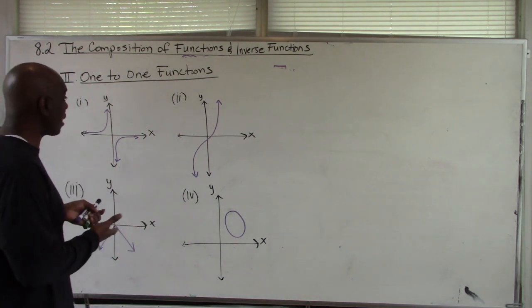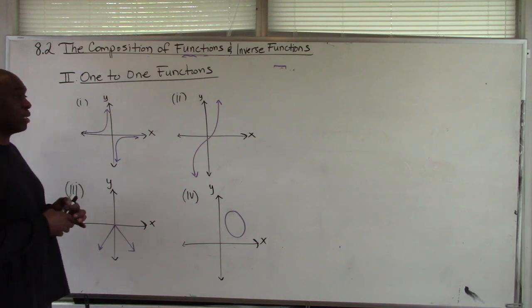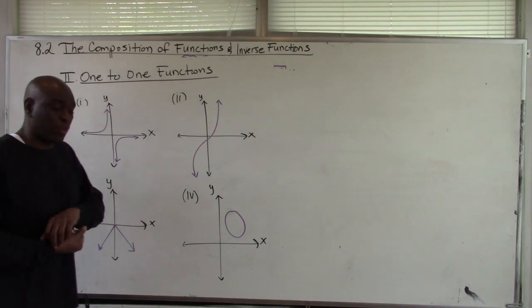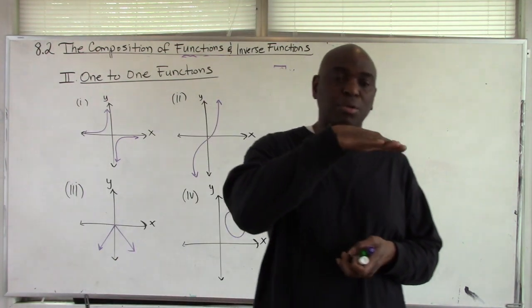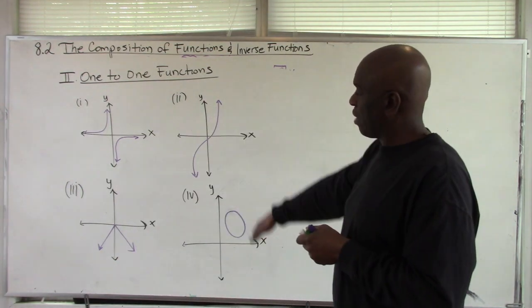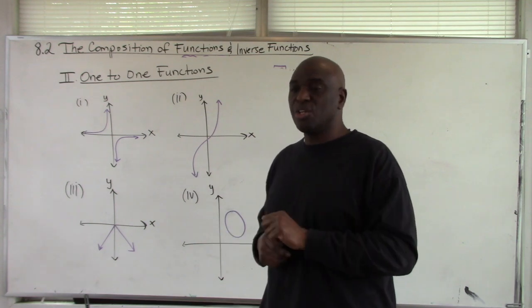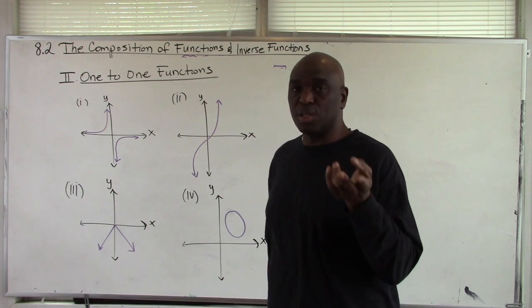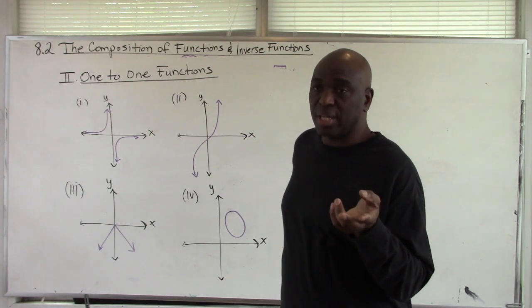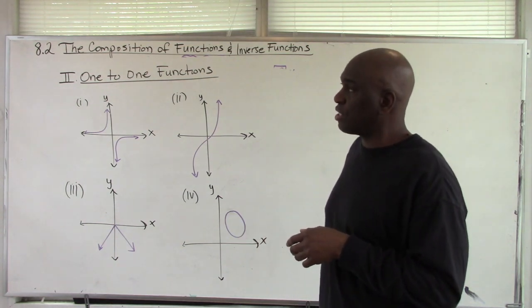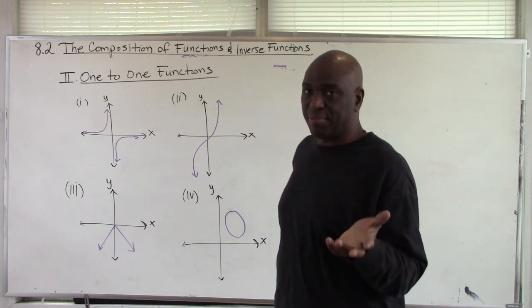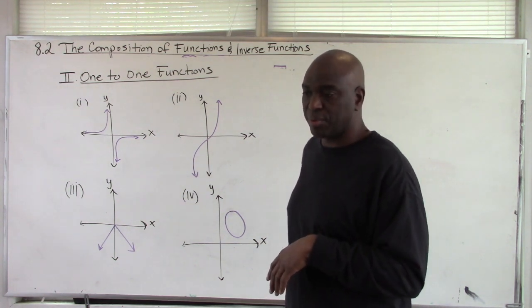Let's see what happens with these graphs. Let's see if they're one-to-one, okay? So to be one-to-one implies that for every horizontal line that you draw in each graph, you should only intersect the graph in one location. You can't intersect the graph in 2 locations, okay? All right, so for every one y value, there's one x value, okay?